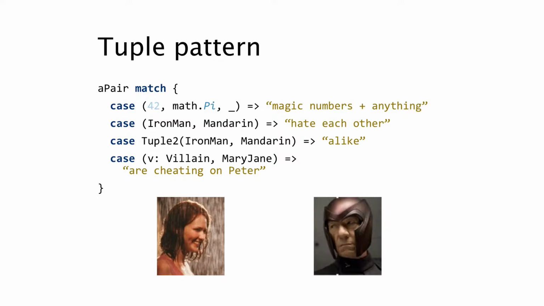And the third one, we don't really care. The other will match against Ironman and Mandarin. And this one is actually a constructor pattern. So the tuple pattern and constructor pattern are very close to each other. What happened here?